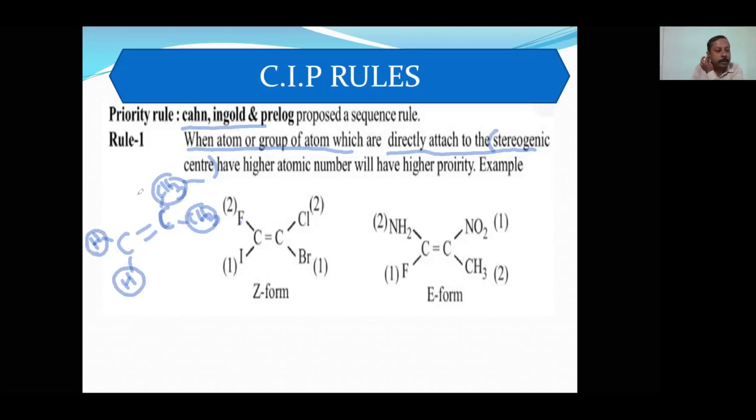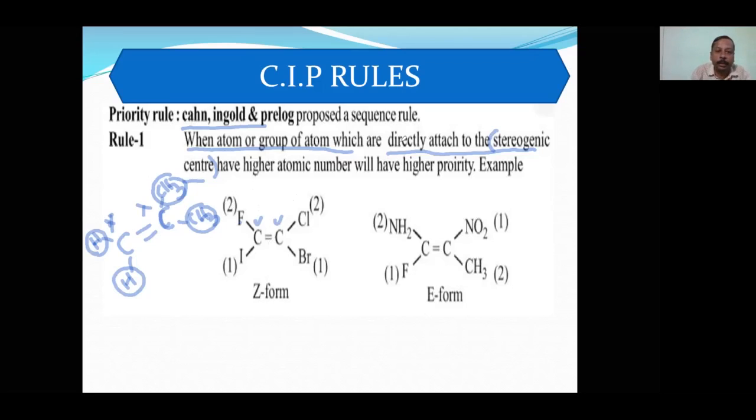So this is not a stereogenic center. This is a stereogenic center. Stereogenic center means a carbon atom because of which geometrical isomerism can exist.